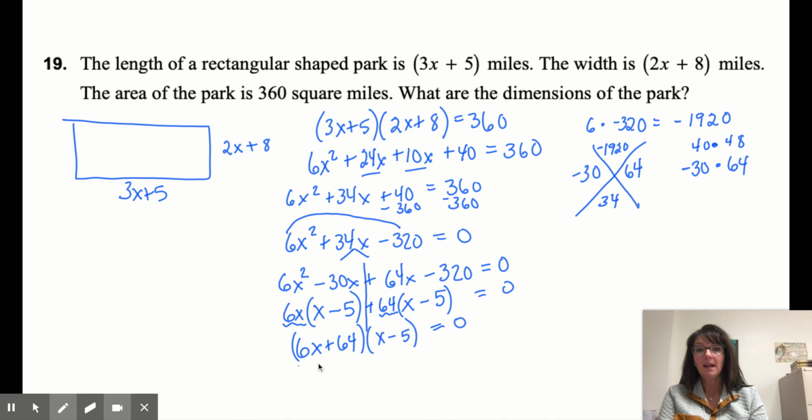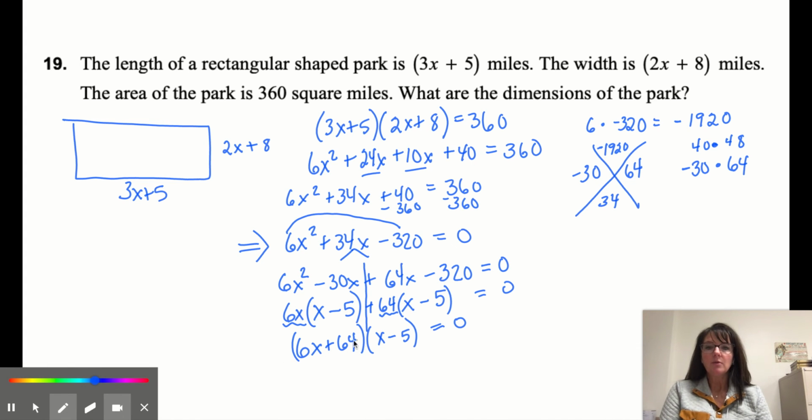That's equal to 0. And honestly, this isn't even factored completely because we forgot a step right here. That would have been a lot easier if we would have just factored out any common factors there.